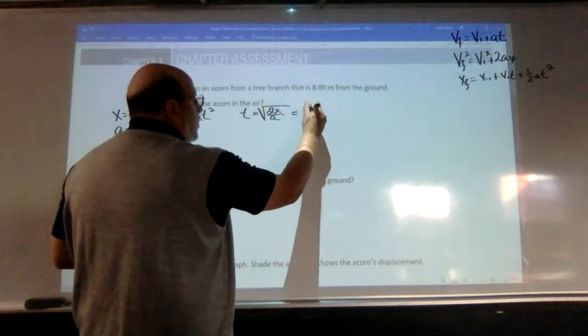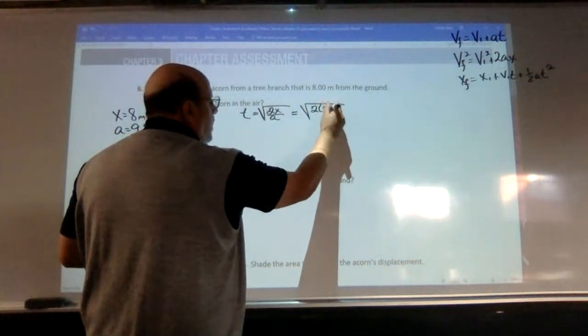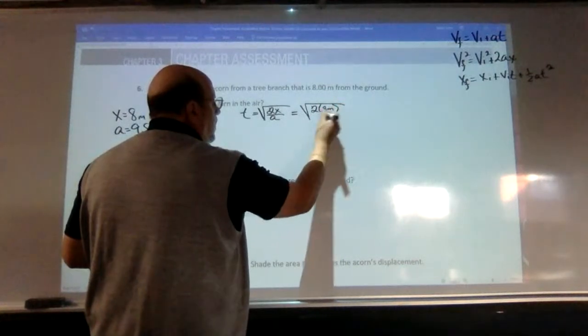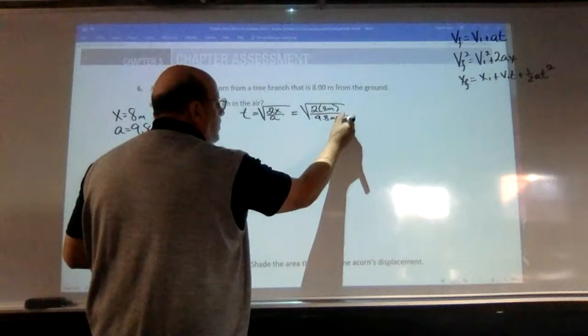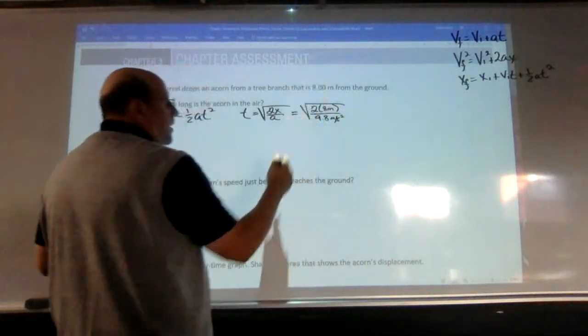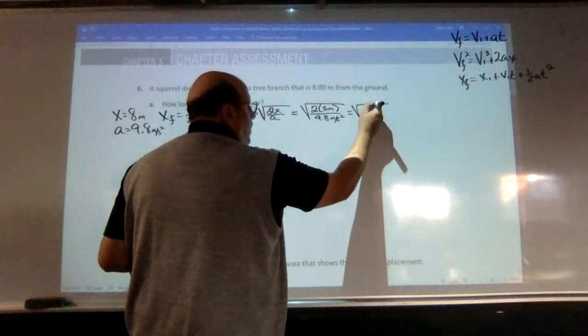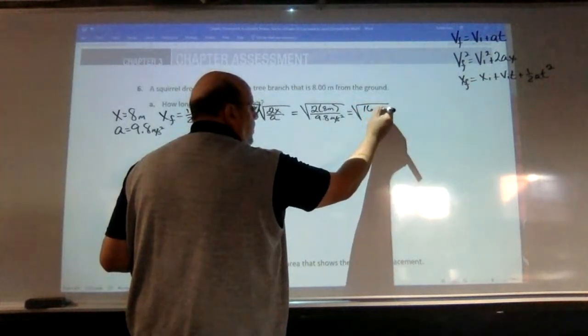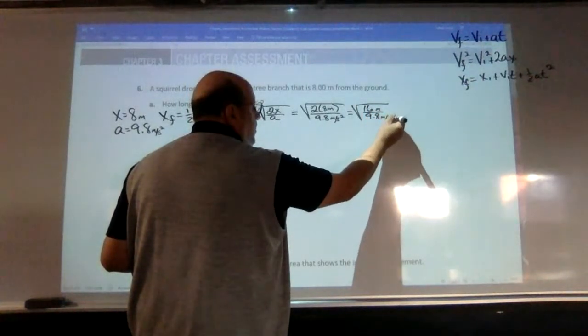This is going to be equal to 2 times 8 meters divided by 9.8 meters a second squared. And we're going to take the square root of that, which is the same as the square root of 16 meters divided by 9.8 meters a second squared.